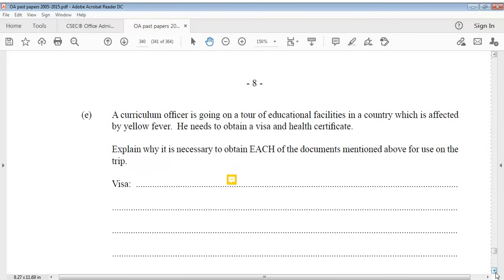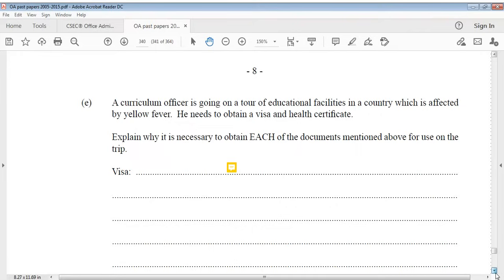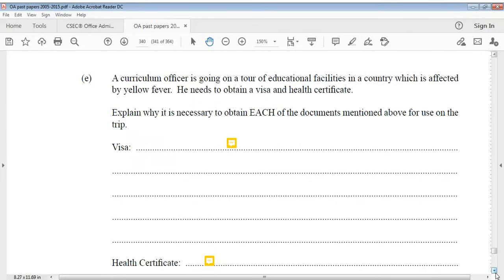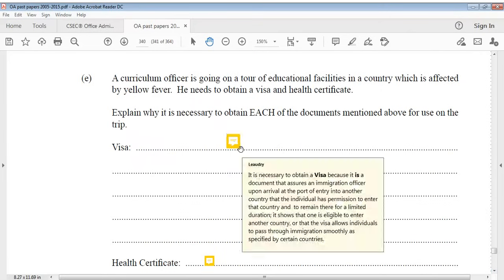So why is it necessary that a visa is needed? Why do you have to get this document? What's the purpose of the visa?